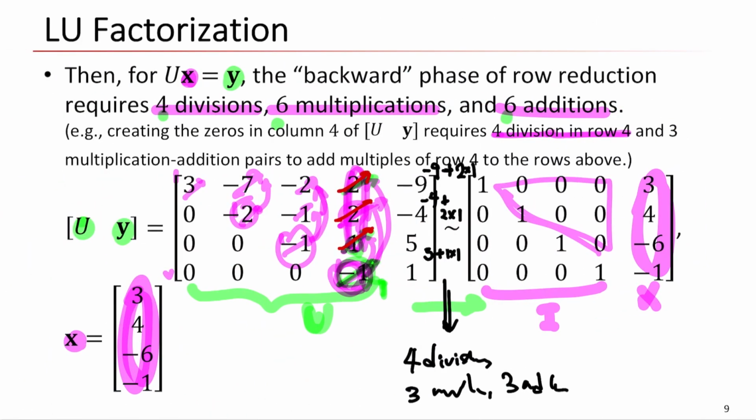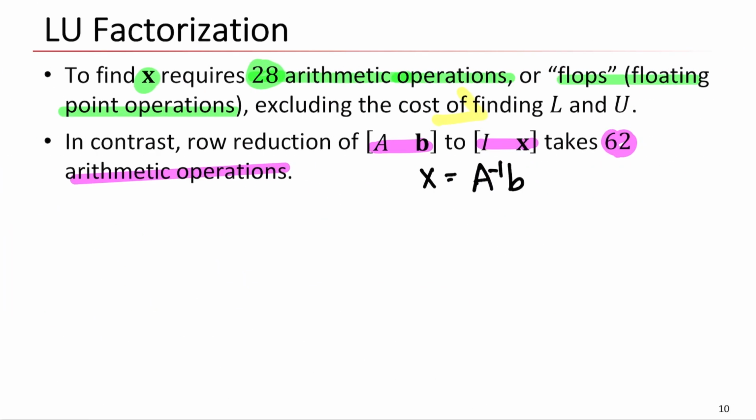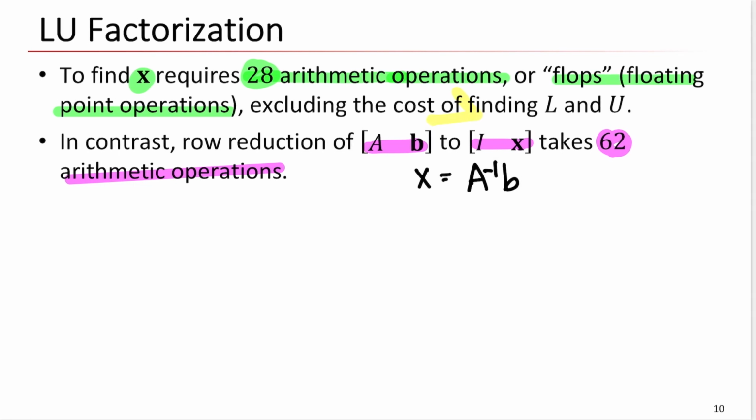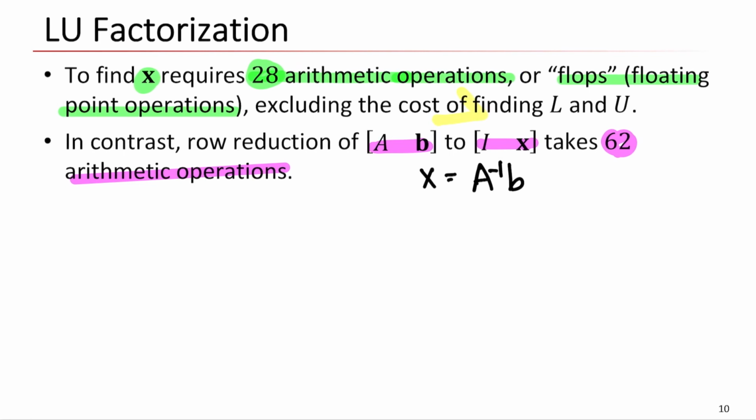Then by using the vector y and the matrix U, we finally found the vector x, which is the solution of Ax equals b, right? When you see this page, compared to the straightforward solution, A inverse times b, our LU decomposition based method has fewer arithmetic operations, so it is more efficient.